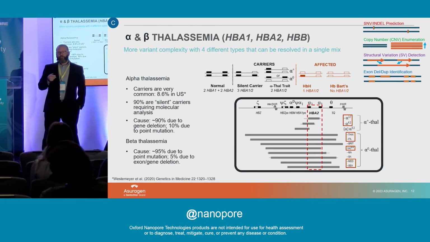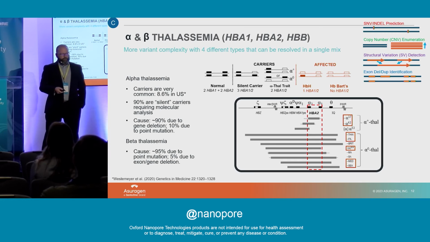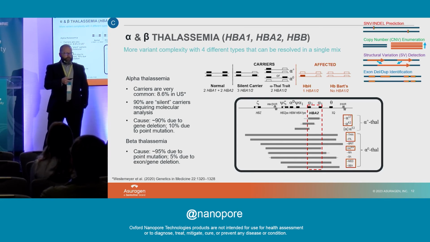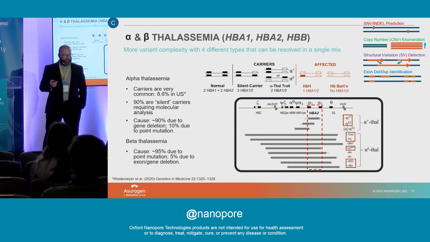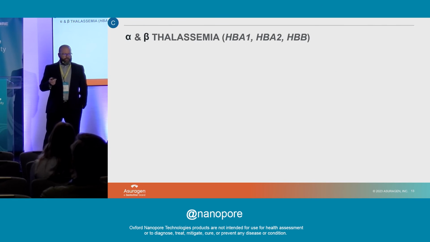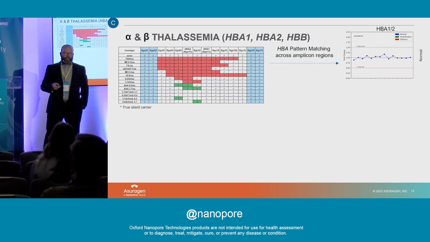And there's a lot of structural variation in this alpha thalassemia region, and so we are able to not only identify the structural variation, but differentiate different structural variants, with the TI and FIL and 3.7 deletions. And so we have a pattern matching for HBA, where we look at different regions within HBA.